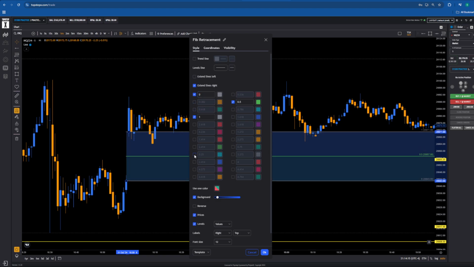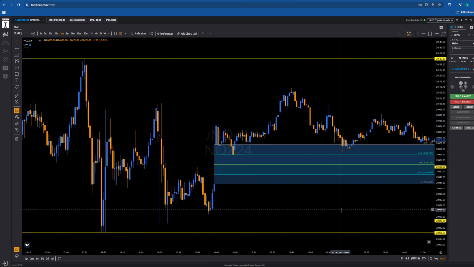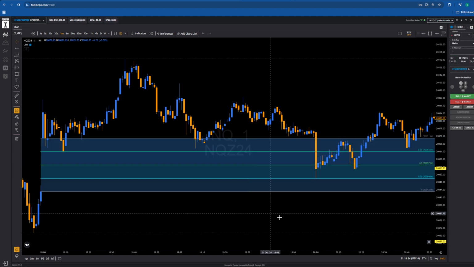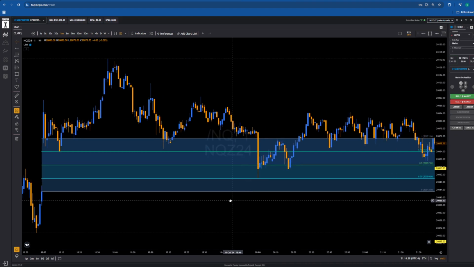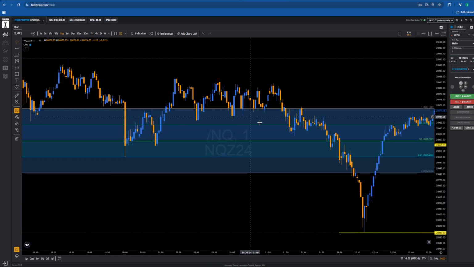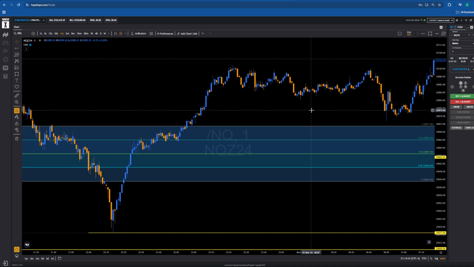That becomes extremely helpful. So this is what I was looking at in the morning, in addition to these higher time frame lines. Again, I wasn't paying attention to this entire price action.